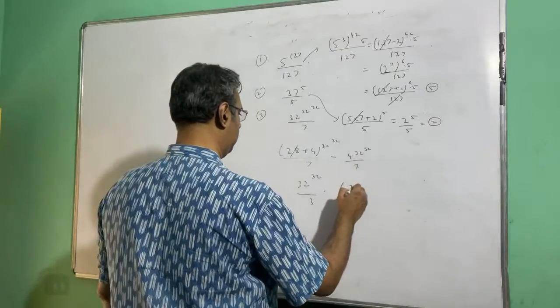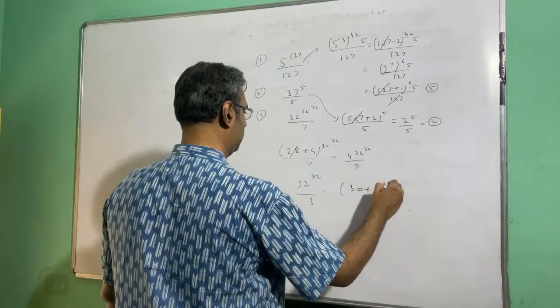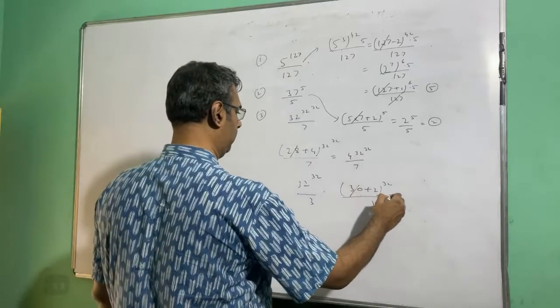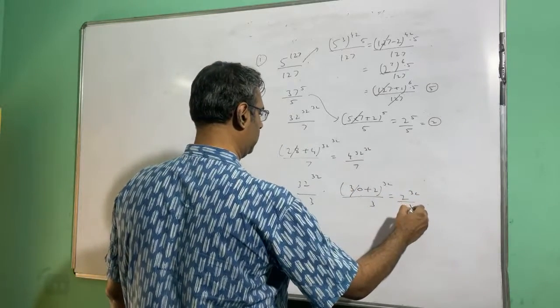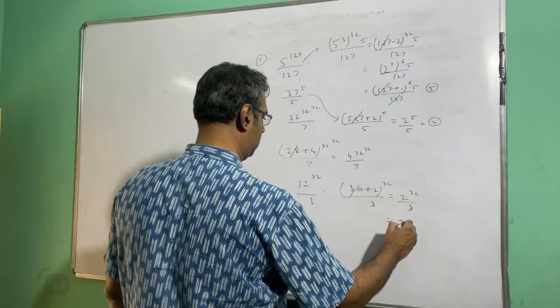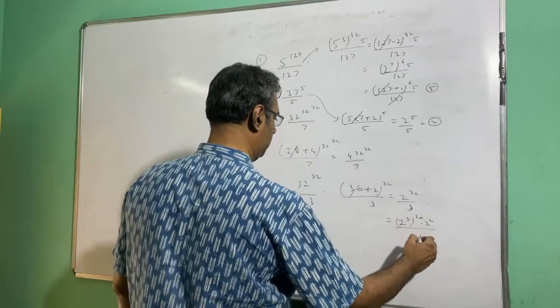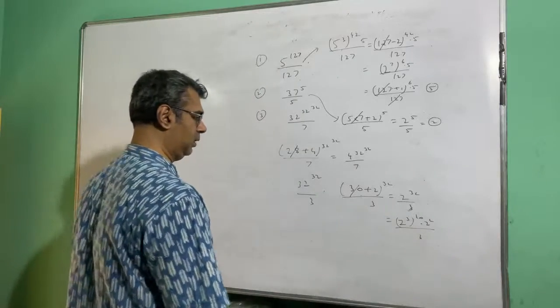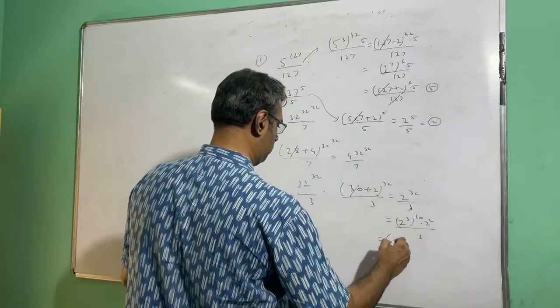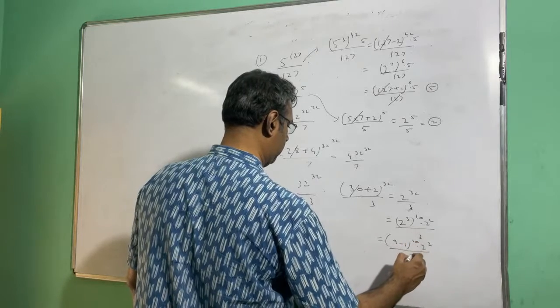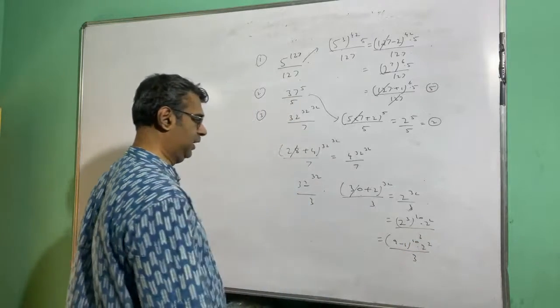So this will be 30 plus 2 to the power 32 by 3. If you drop 30, it will become 2 to the power 32 by 3. And 2 to the power 32, you can write as 2 to the power 3 whole to the power 10 into 2 square. So 9 minus 1 whole to the power 10 into 2 square by 3.